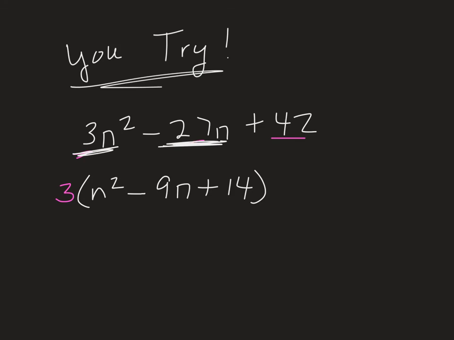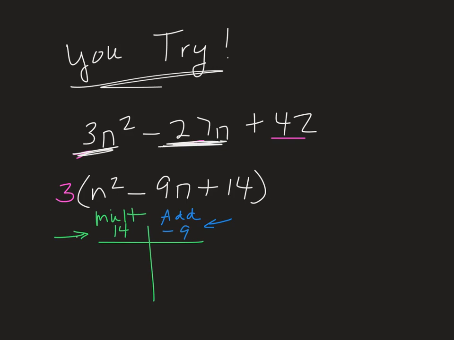So now I've got myself a trinomial in my little leftover portion here. A is equal to 1, so now I can use the table. What do I multiply to get C? So what do I multiply to get 14? Then I'm going to add to get B. In this case, it's -9. Because I'm going to add two numbers together to get a -9, and because a negative times a negative is a positive number, I know the two numbers I'm looking for are most likely going to be two negative numbers.